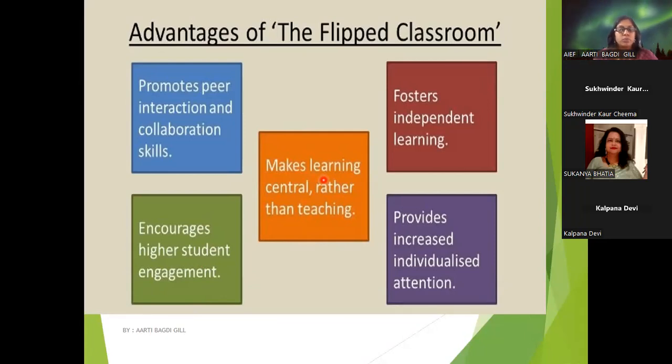Those who are good at visual and auditory learning will hear you in a better way. Those who are kinesthetic will hear you less in comparison, as if we talk about that VAK model. So here you can make learning central, student-centric, giving them individual tasks that they have to accomplish.